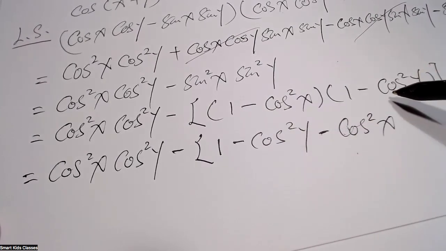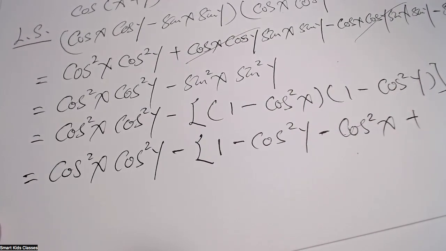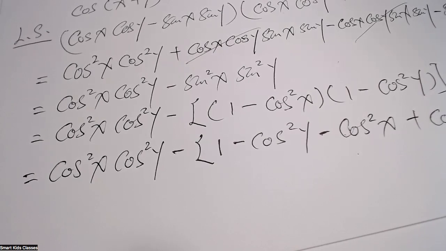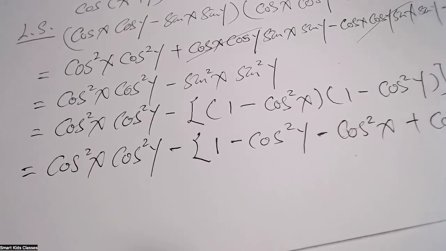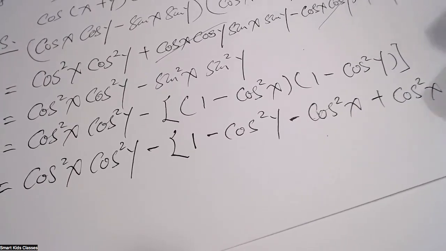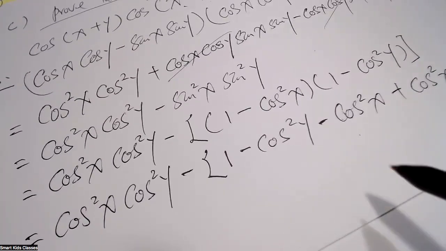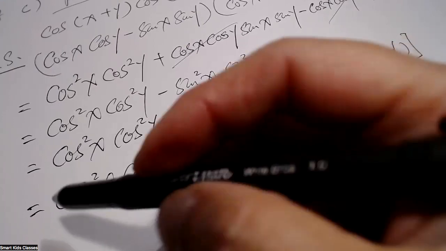And these two negatives, we get a plus, so we have cosine square x and cosine square y. Now from here, it's not done because it's a subtract, so we need to apply the sign.